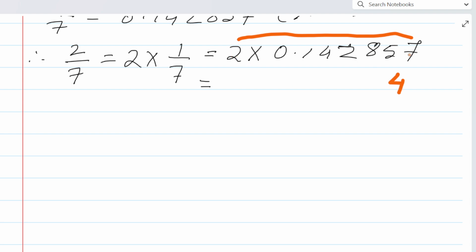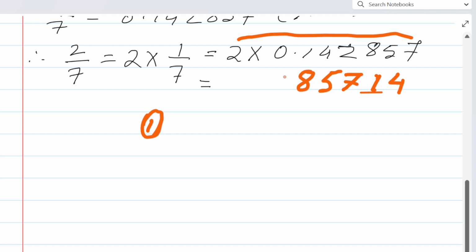I have 1, I'll use it later. 2 and 5, 10, plus 1, 11, so I'll take 1 and carry 1 later. 2 8s are 16, then 1, 17, carry 1, I'll take 7. 2 2s are 4, again 1, 5. 2 4s are 8, 2 1s are 2, and then the decimal point, and before that 0.